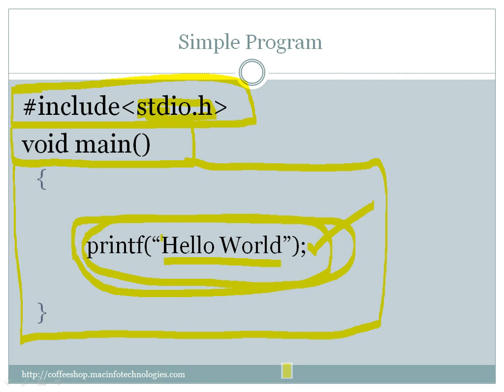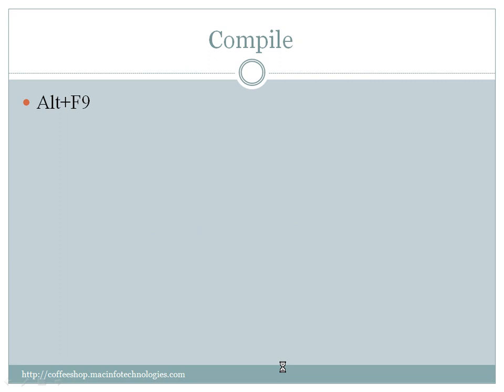Once we write this program, we have to save it in a file with the extension .c. For example, if we want to name the file simple, we save it as simple.c. After this, we have to compile the program. Compilation converts the source code, whatever you write in a text file or C file, into an executable file.